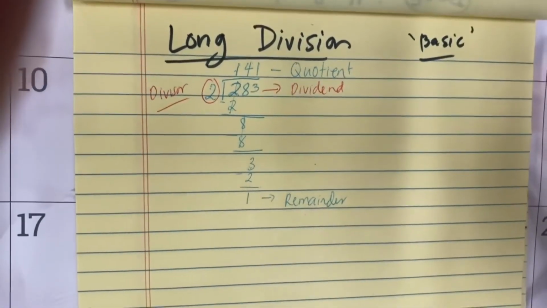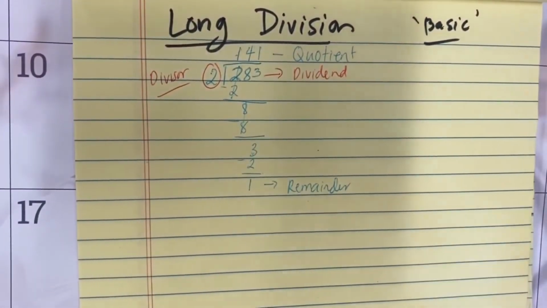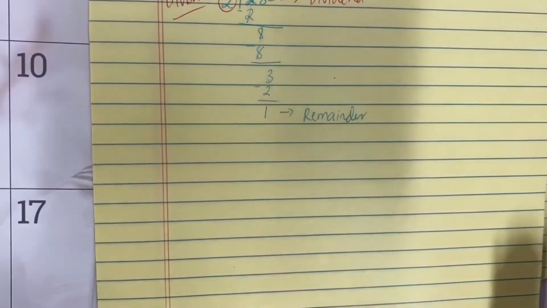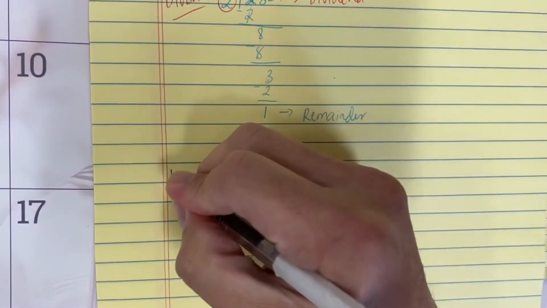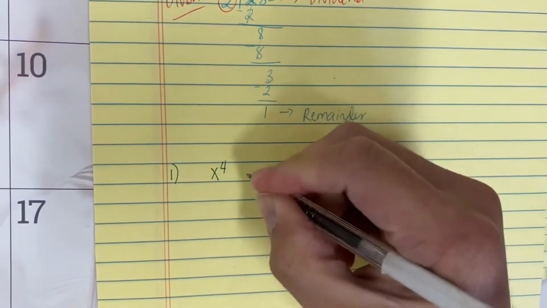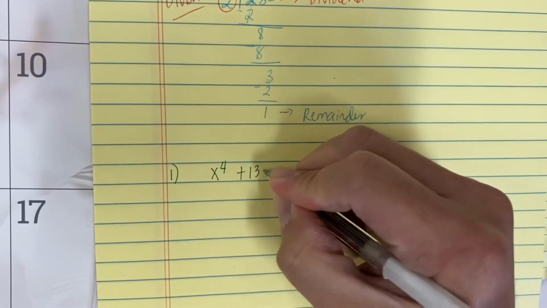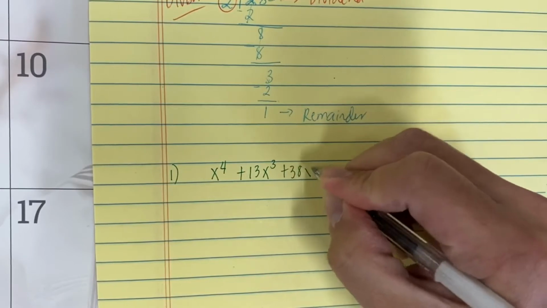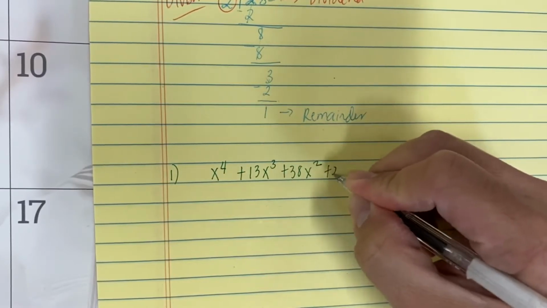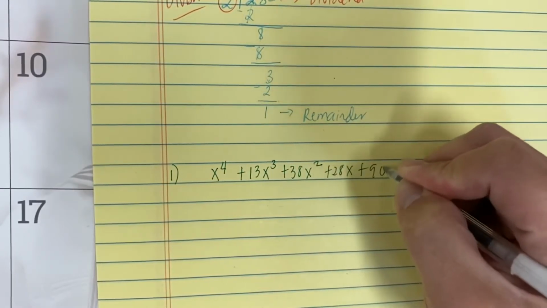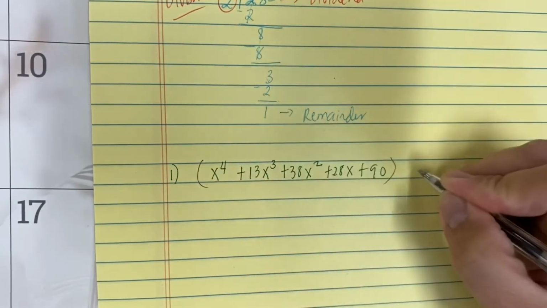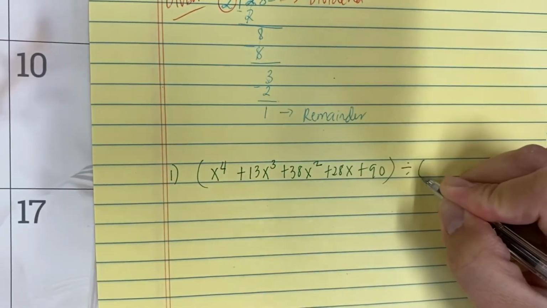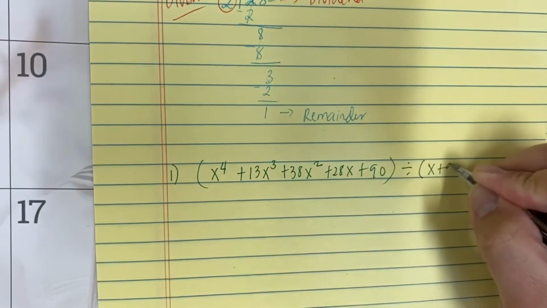Let me show you how to divide polynomials using long division. Let's say I have a polynomial here. Number 1: x to the 4th plus 13x cubed plus 38x squared plus 28x plus 90, divided by x plus 9.